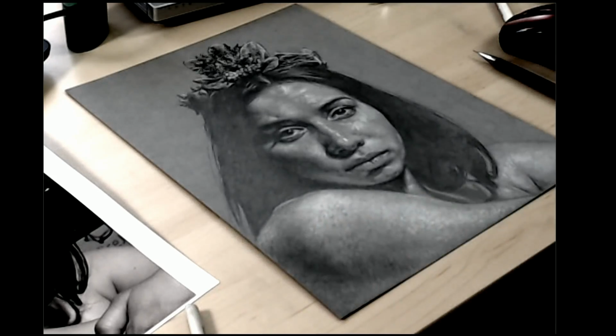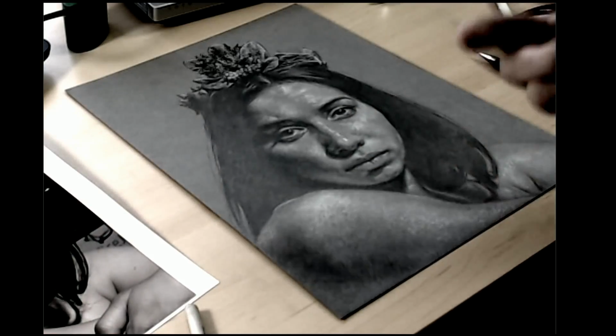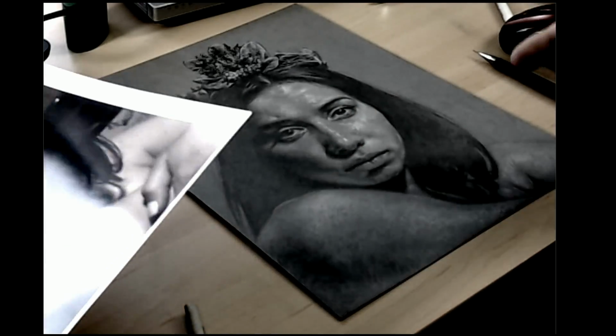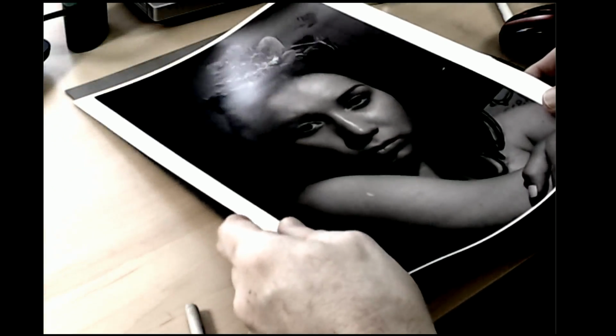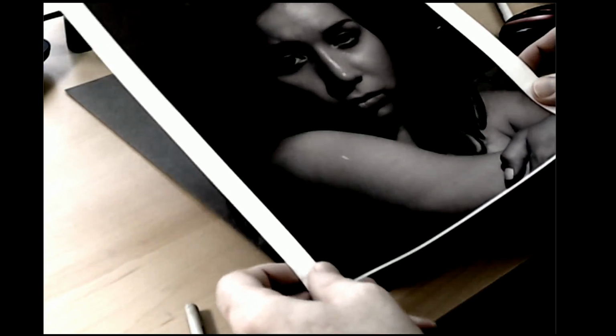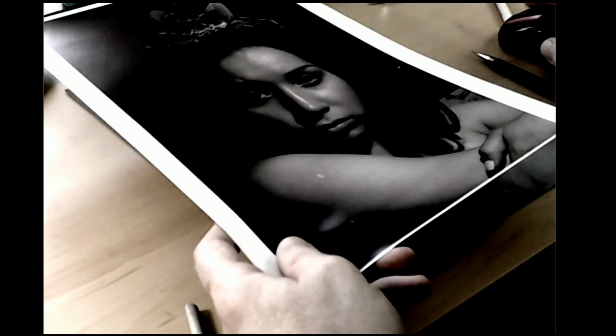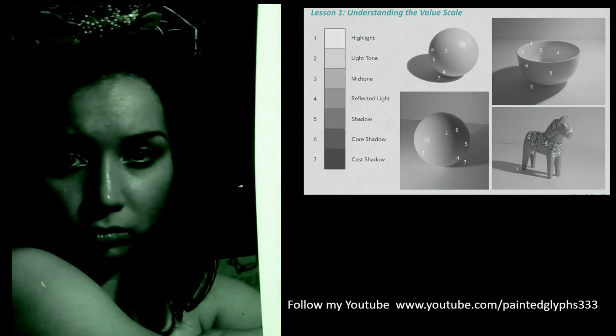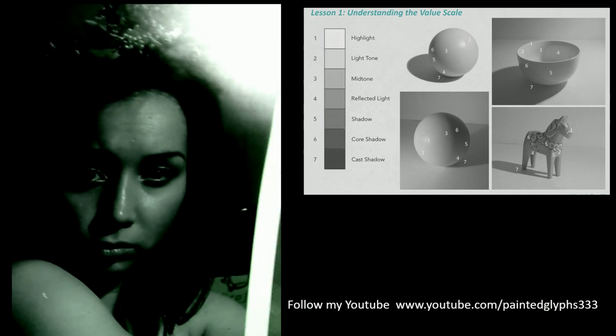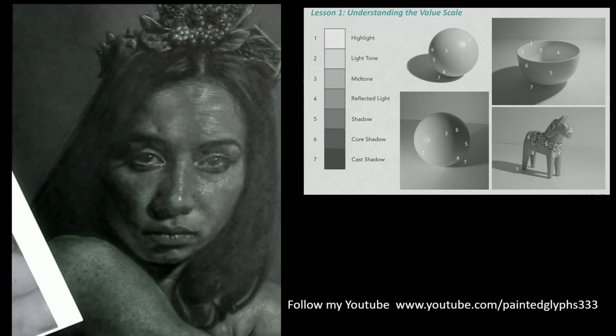Now, one of the things I do, when I'm on the road, so to speak, drawing on trains, is print out the reference material as you see here. Let me see if I can go to the other angle. So this is the reference material, the model posed for me. This is the photo I had taken. And here you go, that's the reference material.